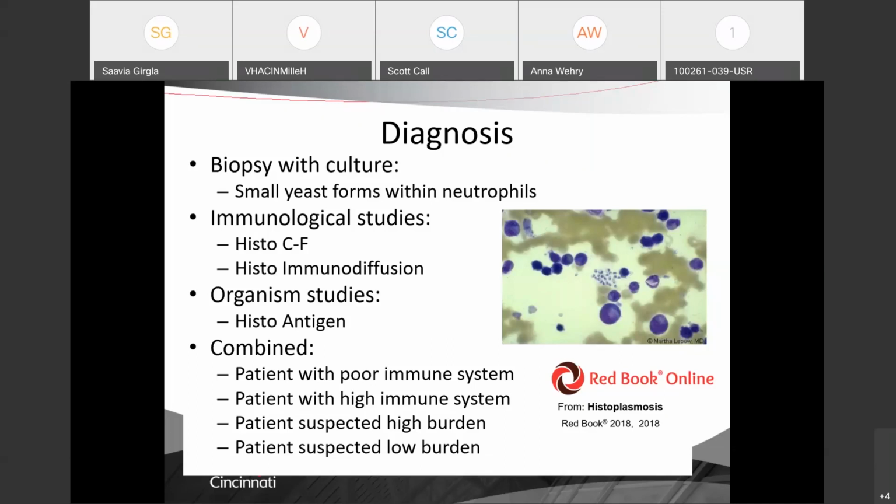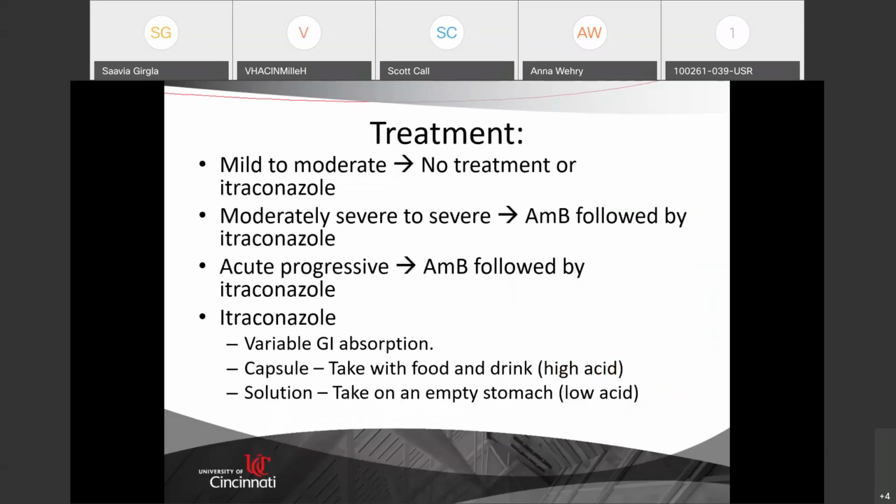But in a person that's immunocompetent, if it's just in the lung, your histoburden is going to be low in the blood and low in the urine. And so a urine antigen and a serum antigen is probably not going to be very helpful because that's where you have a low burden of organism, whereas a histoantigen from a bronch is probably higher yield because that's where the high burden is. So that's the way I like to think about this testing.